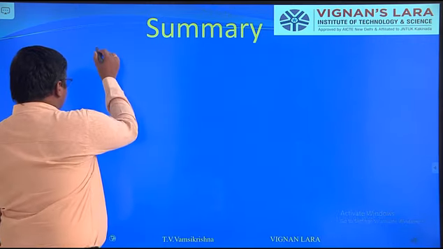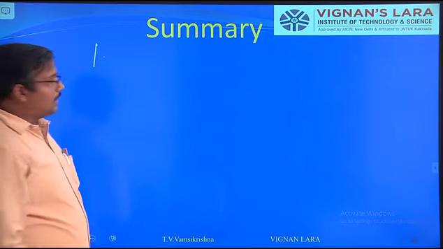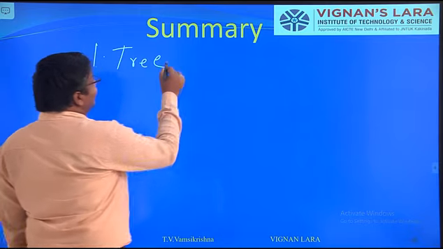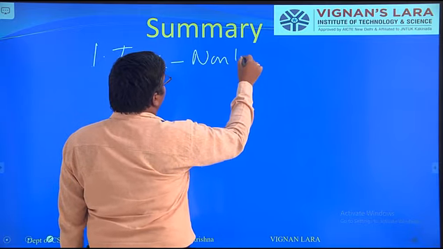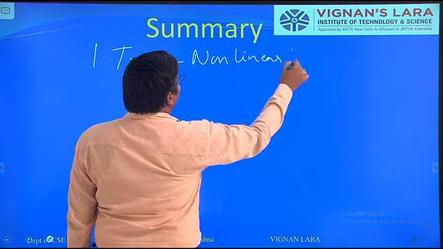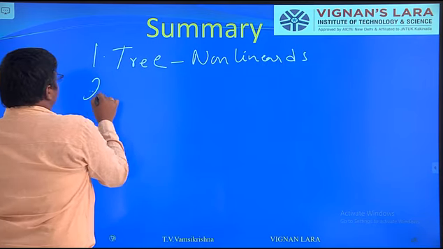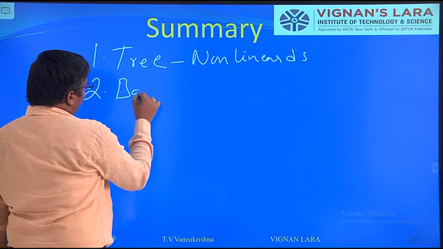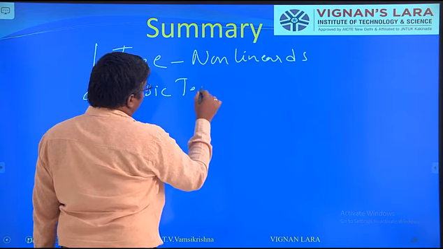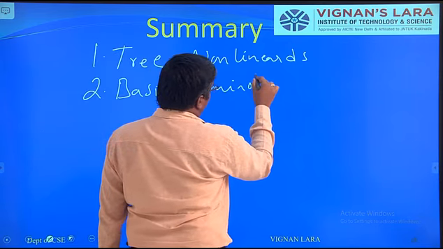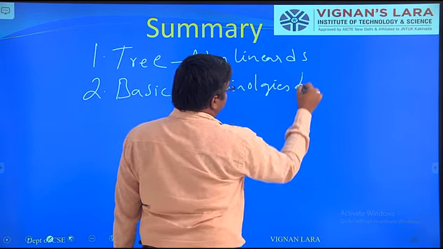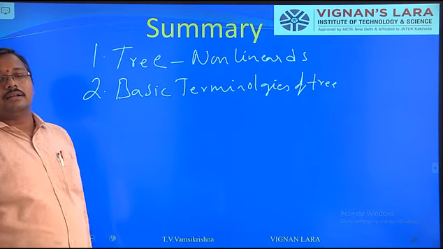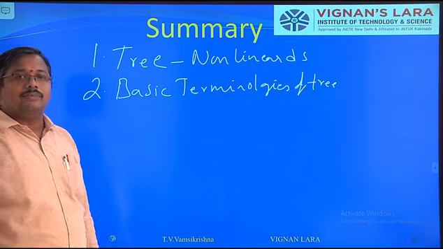So finally, conclusion. Today we have discussed what is a tree, what is a non-linear data structure. In the second part, we discussed basic terminologies of trees: root node, ancestor, descendant, sibling, level, degree.